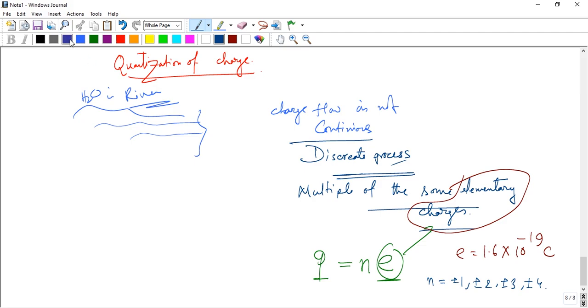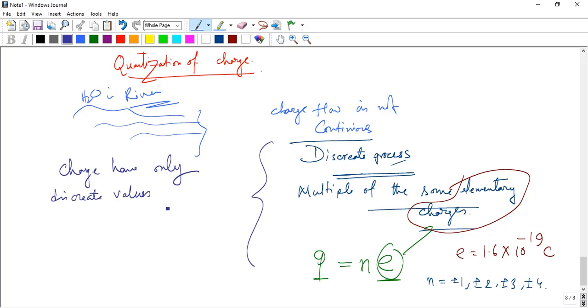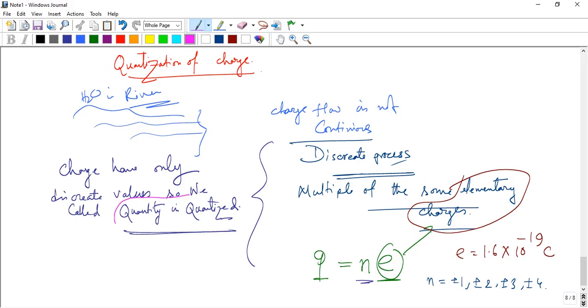Charge has only a discrete value, so we call it quantized, and N is called the quantum number, plus or minus 1. Okay, that is, charge is quantized.